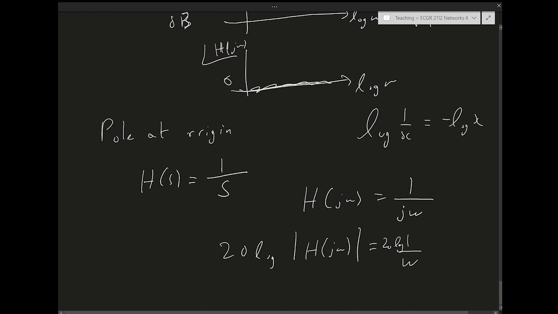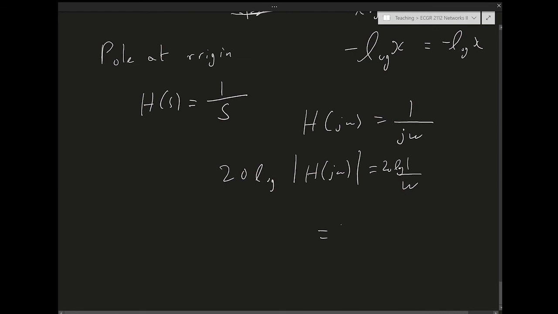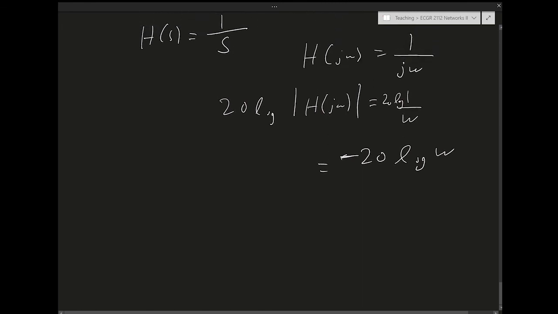That's the basic property of logarithms. So this is x to the minus 1, and I can take the minus 1 out. So this is equal to minus 20 log omega. Right?